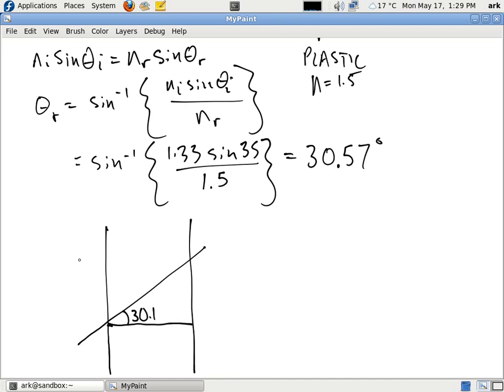Then if I drew another parallel line to this one, they're parallel to each other. Therefore, this angle is 30.1, and using the geometry concept of alternate interior angles, that would also be 30.1, okay? And guess what? That is our new angle of incidence.